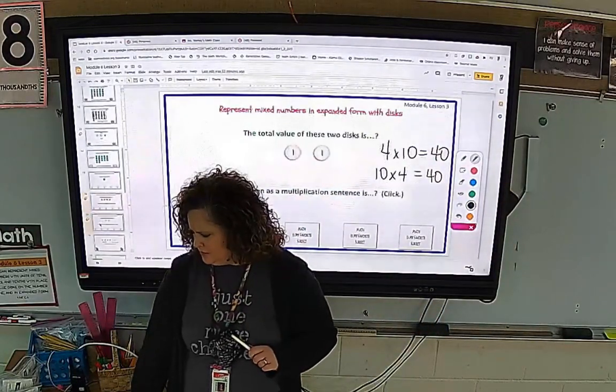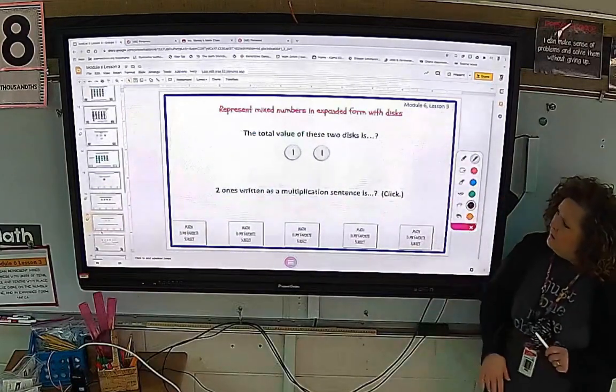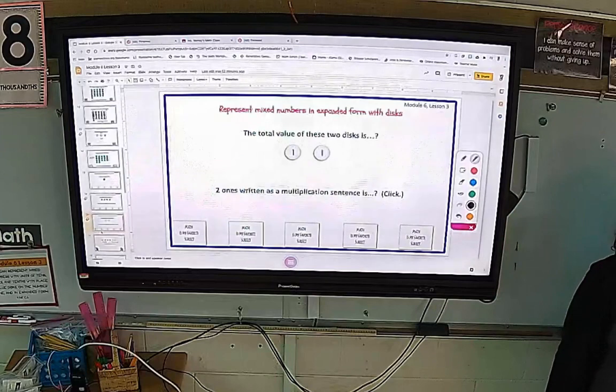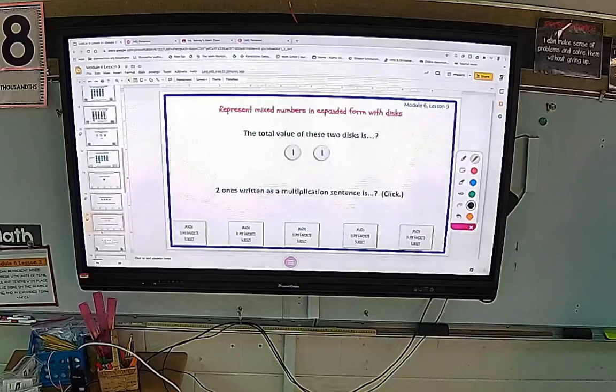What about this? What is the total value of those 2 discs? Is this tough? No. I need to be very quiet in here so we can think. So would you please write a multiplication sentence for this? Okay, that's what I mean by let's not go at each other.